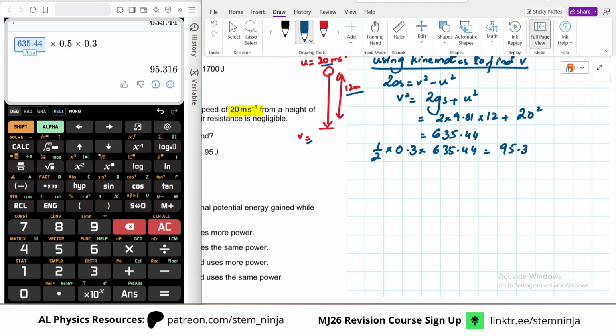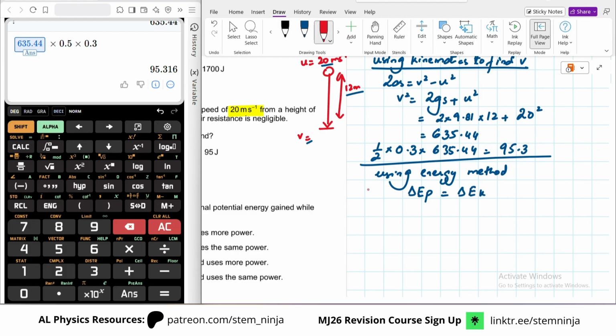Using the energy method, what we're going to say is that the change in gravitational potential energy is equal to the change in kinetic energy. Or you can also write it as the loss in EP is the kinetic energy gain.